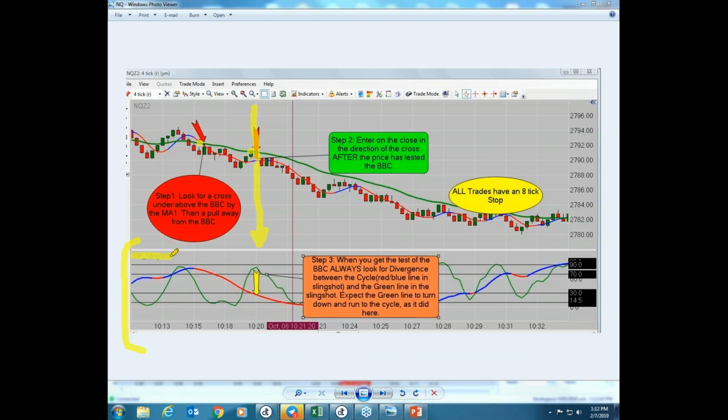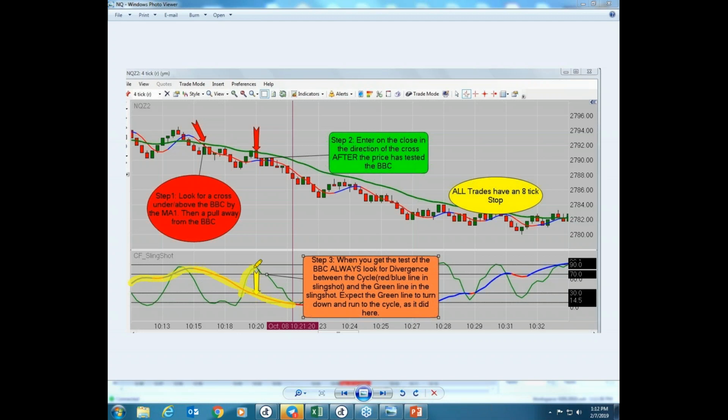This is the slingshot down here. It's the oscillator portion of the graph. And the trade exists down here in the slingshot. Okay? And so here are the buzzwords inside the slingshot. The blue and red line is referred to as the cycle.